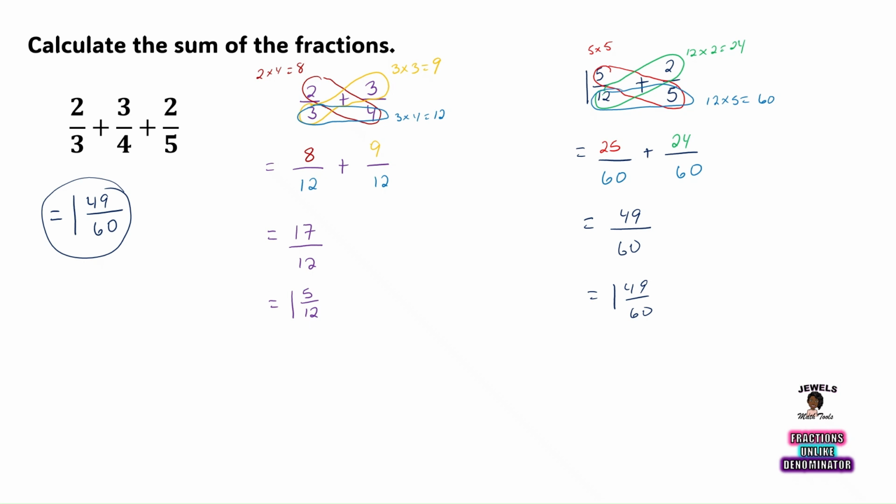Even though cross multiplication is an easy process to remember and it does help you find the LCD quicker, remember that finding the LCD for your fractions can also help you work through this step a lot easier. So it's good to know both cross multiplication and the LCD method because both of them have their purpose when we're working out our sums and differences of our fractions.